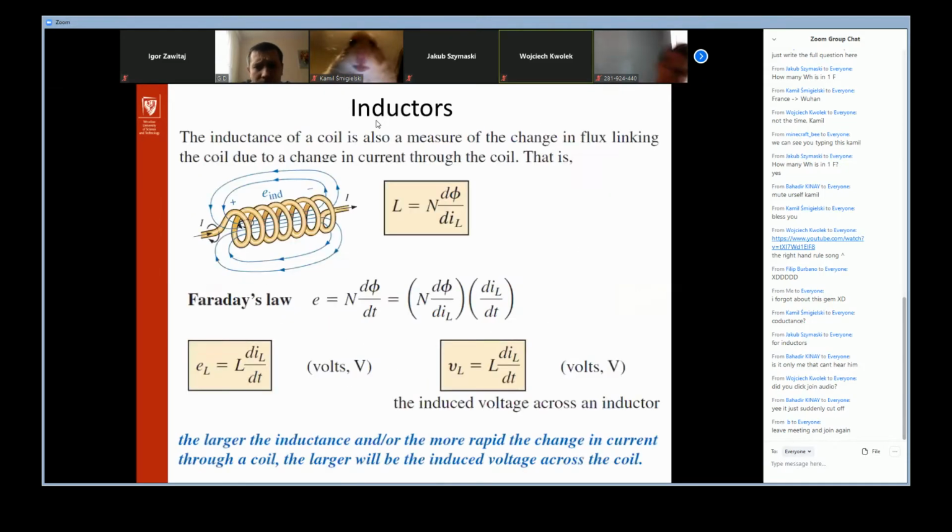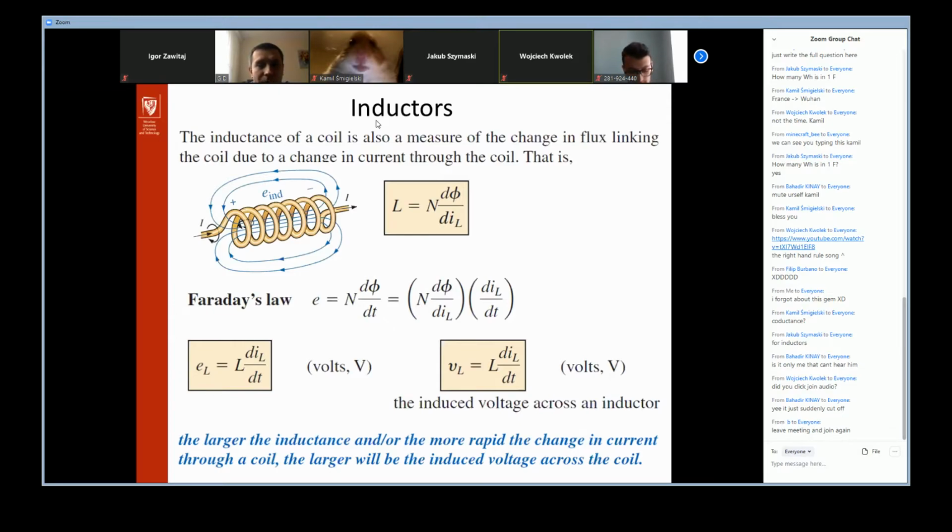So the next thing, we know that the current which is passing through the wire produces magnetic flux lines or magnetic fields. However, in the other way, we know that we've got the magnetic induction process, when we can observe the changing of the magnetic flux lines passing through the coil.